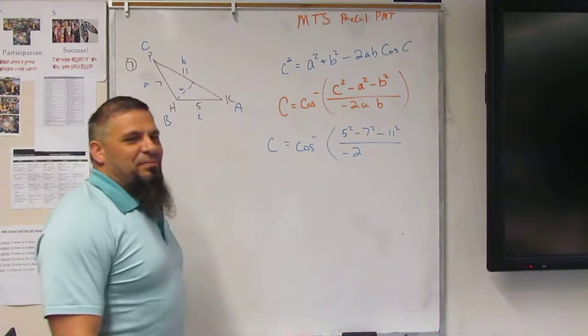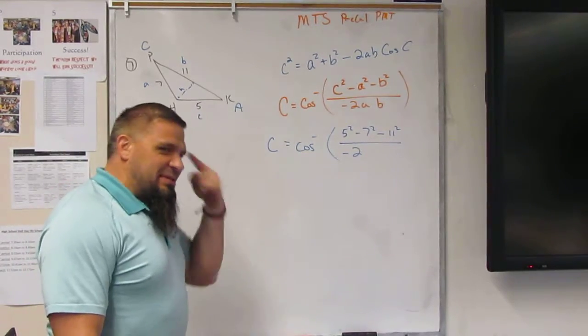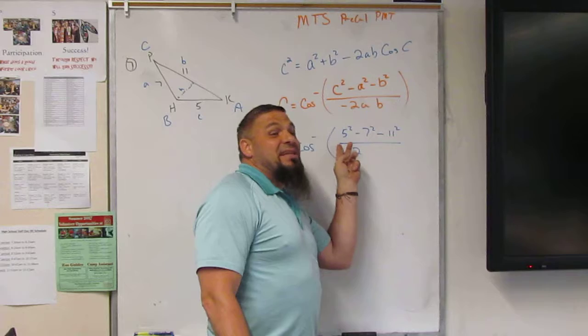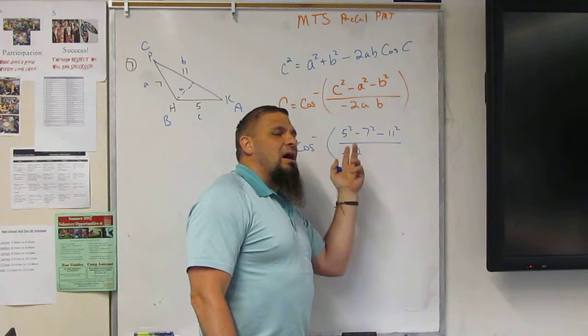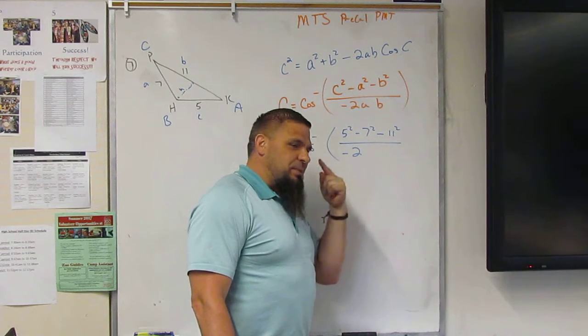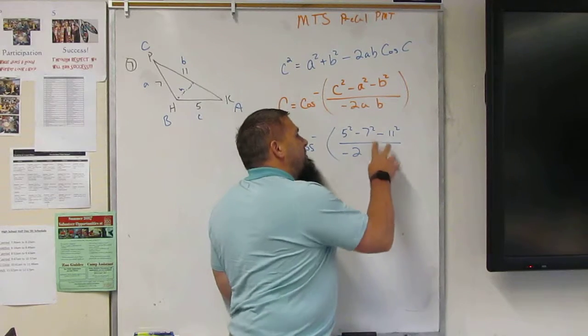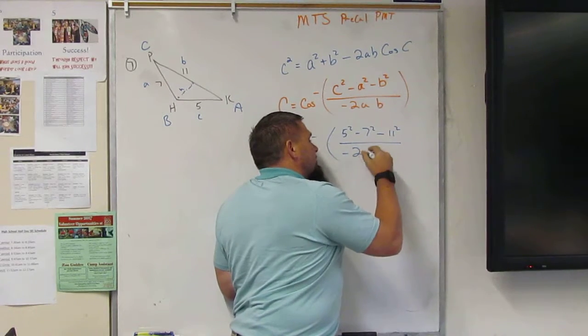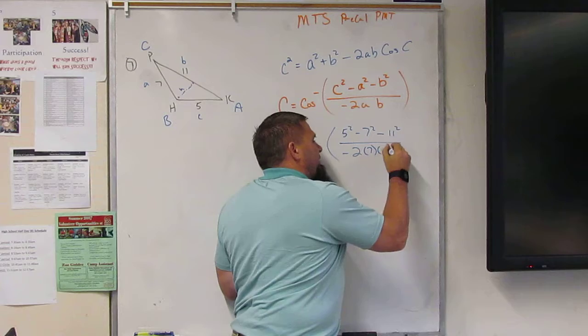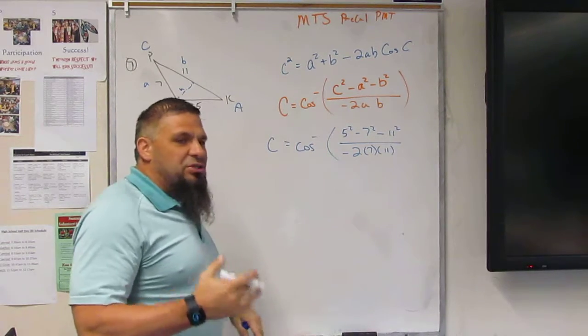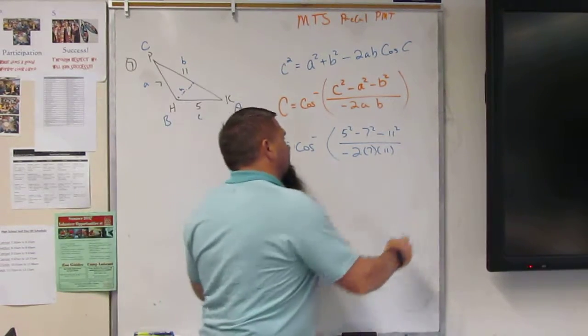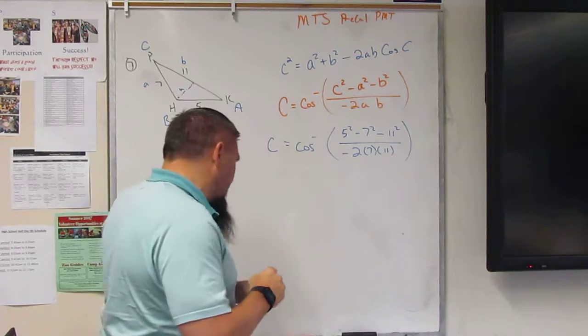And this is where I made a mistake yesterday. I was thinking AB, because these came first and second. AB, dumb butt. Okay, it's not, AB is right here. It's these guys. So it's going to be 7 and 11. So if you just change that from yesterday, now it'll be easy.